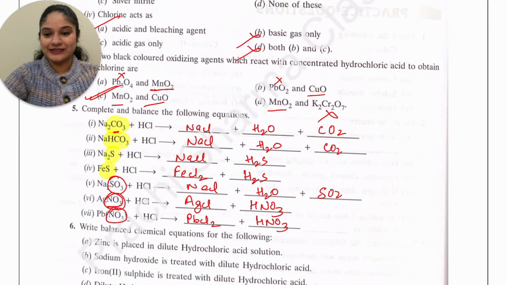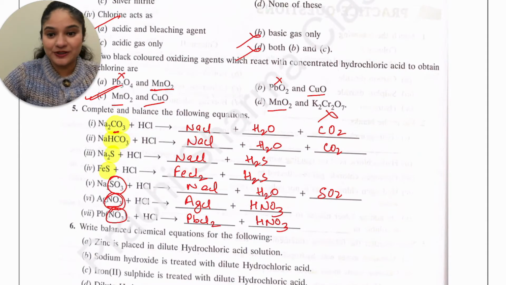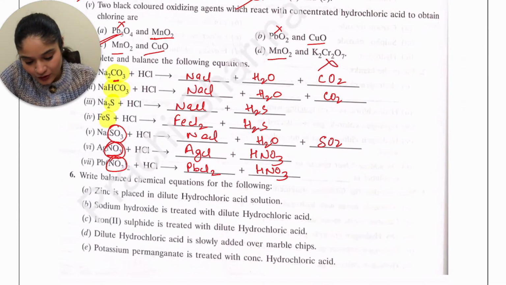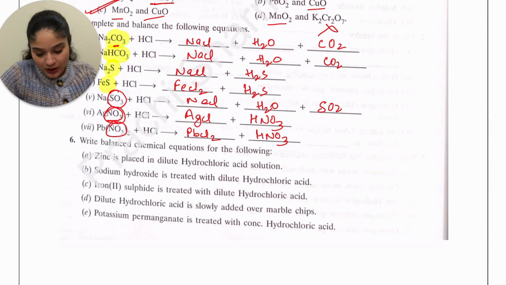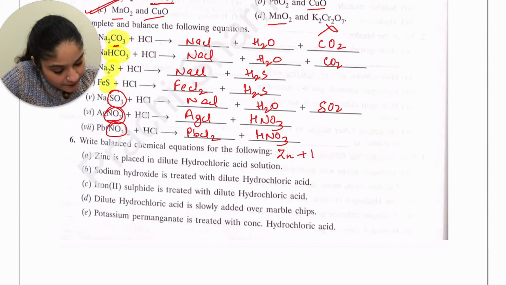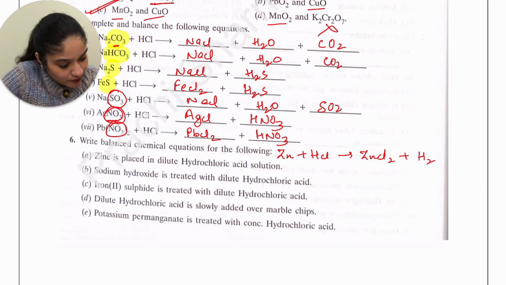Alright students, now moving on to question number 6, which says write balanced chemical equations for the following. So you have zinc placed in dilute HCl. So Zn plus HCl will give you ZnCl2 plus water. No, you won't get water.